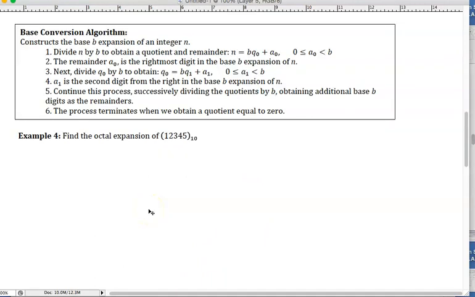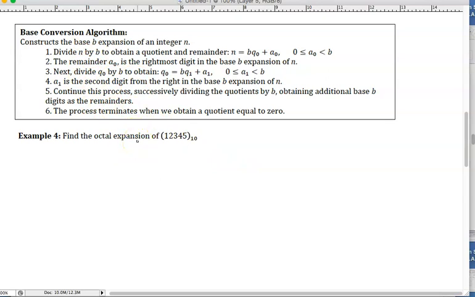Okay, so in the previous examples we converted from a non-decimal base to base 10, but now we're going to look at the algorithm that converts from base 10 to other bases. This gives the steps, but I will demonstrate by doing an example.